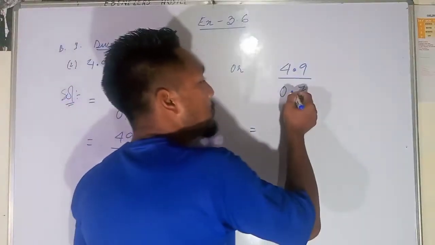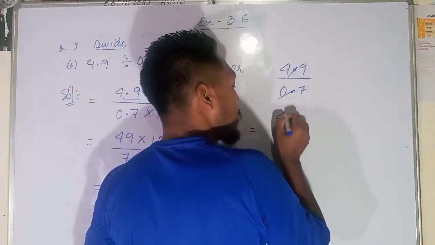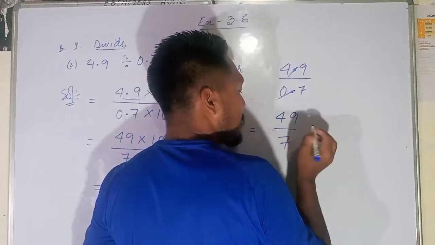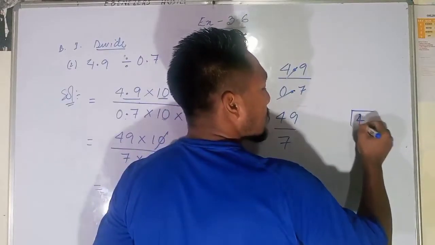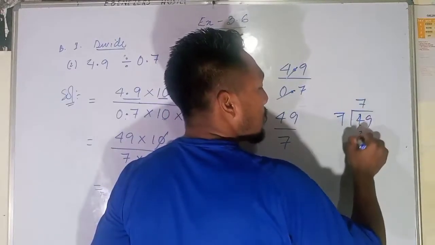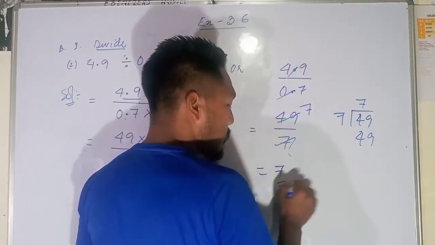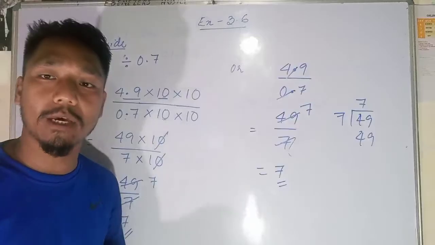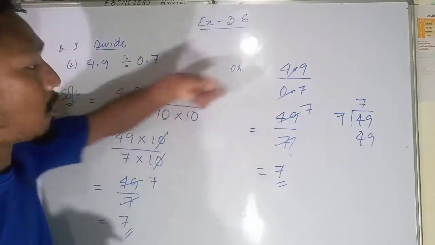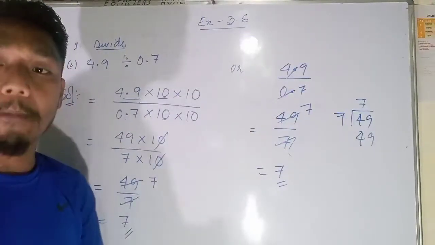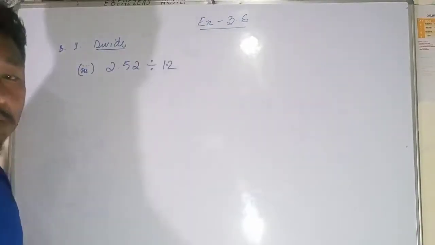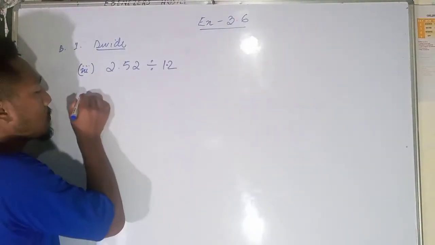That means we can remain with only 49 by 7. So 7 sevens are 49. So what is the answer? Your answer is 7. Okay, this is how we can do it also, by removing the point. So this is our question number 3 solution.